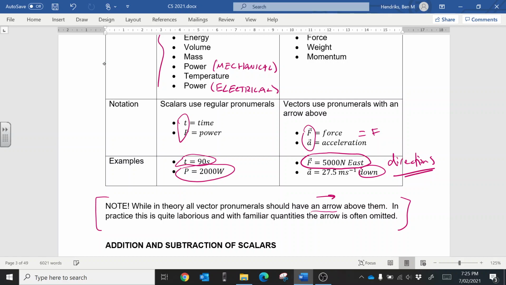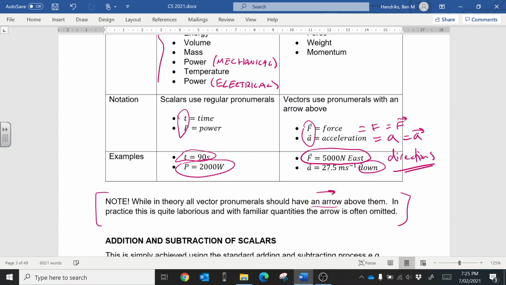So that is equal to force with a little arrow above its head. Same with acceleration, I'll just write that with a little A, which is also equal to A. Technically, all vectors should have little arrows above their heads to signify they are a vector, but quite often people will leave them out, and you'll get used to that as you go.